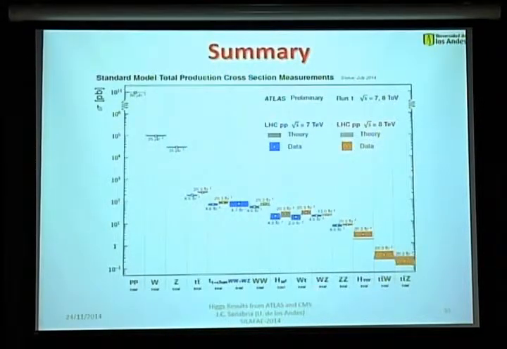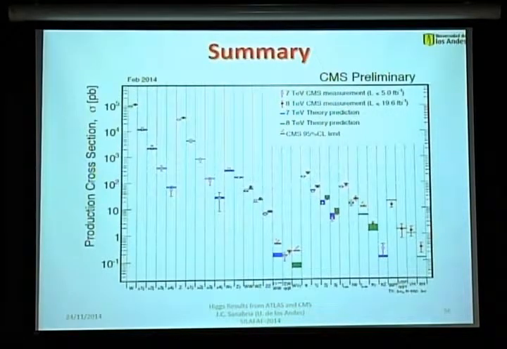Here we have gluon-gluon fusion production cross-section and vector boson fusion. Similar results for CMS, a bit more detailed chart, this one. And we have here this disagreement mentioned also this morning, but not disagreement, this fluctuation.